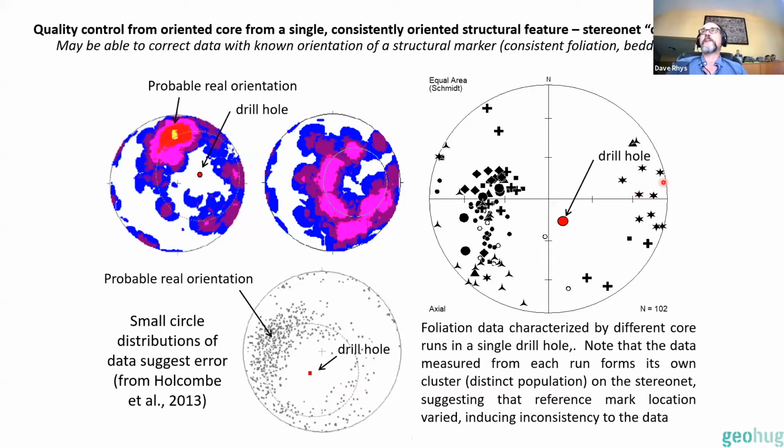You can take that cluster of data, and if this is what it should be over on the left, you can rotate that back, and other structural features you've measured, you can rotate back with it, and you can use that data as long as you have a consistent structural feature to work with. So you can overcome some of those issues in some cases by using a known structural feature to reorient your core back to where it should lie in the cluster on the left.